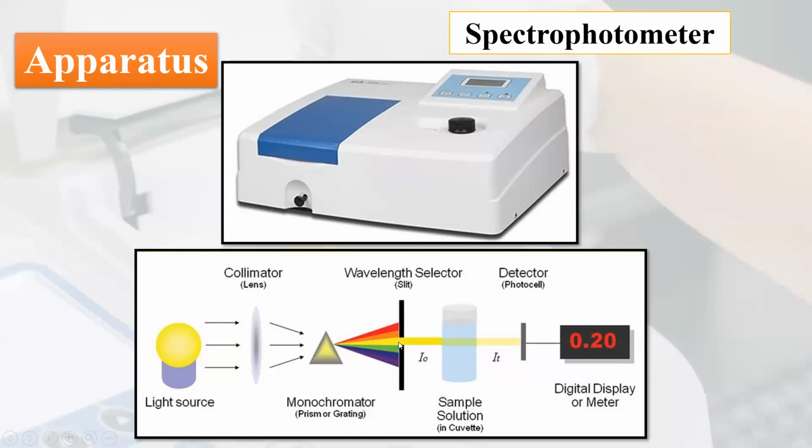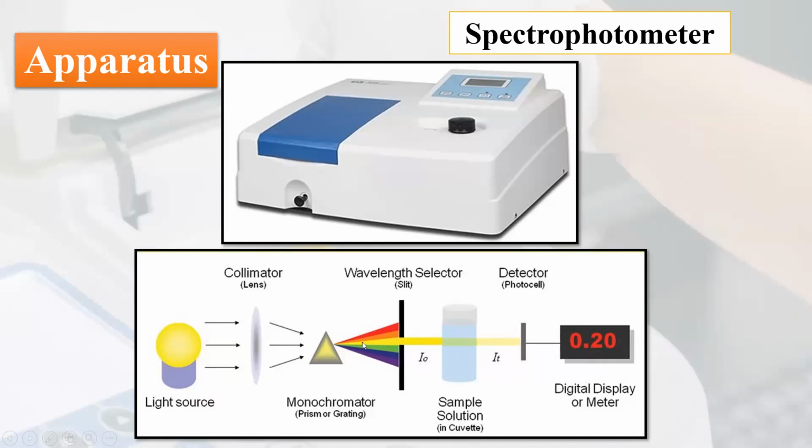The light is incident on the cuvette and solution, then transmission takes place, and then it comes out. So absorption, transmission, and emission take place. There are three processes.